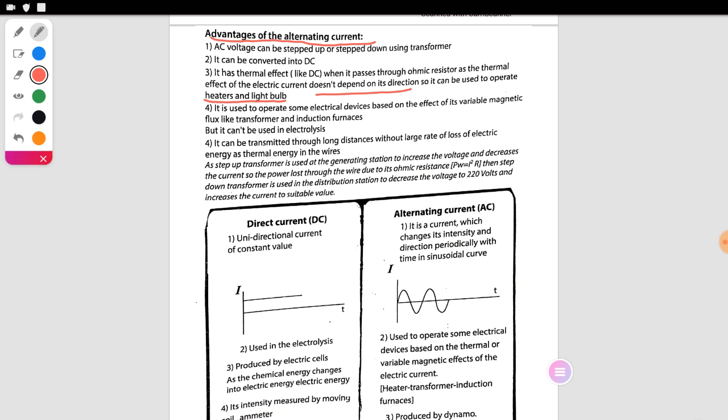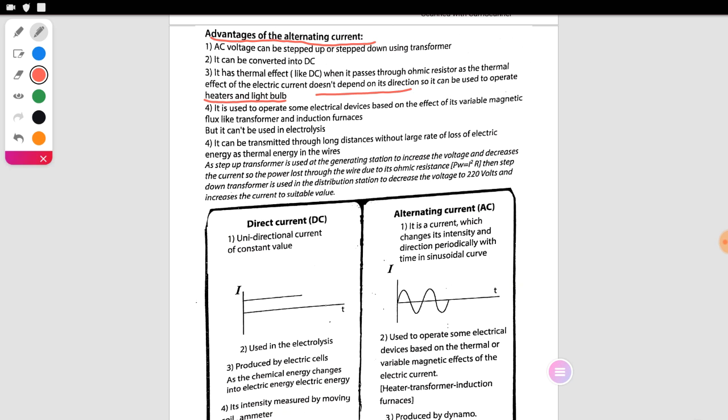From the advantages of alternating current, it can be transmitted through long distances without a large loss of electric energy and thermal energy in the wire.